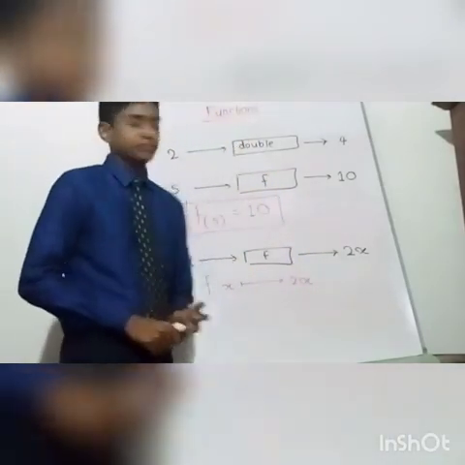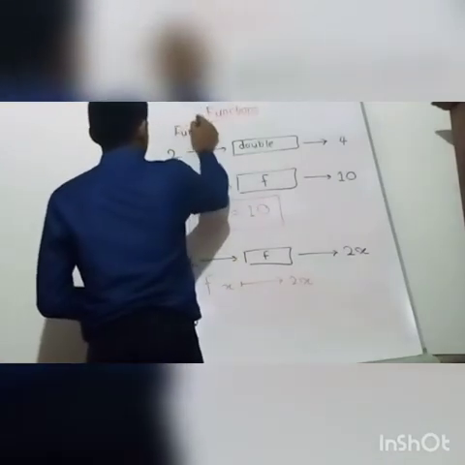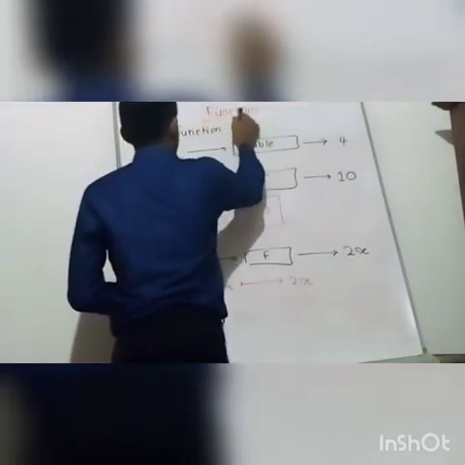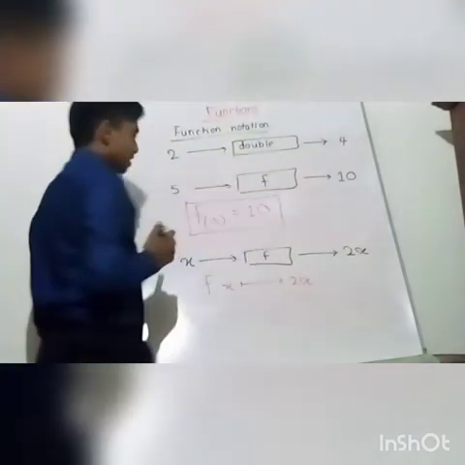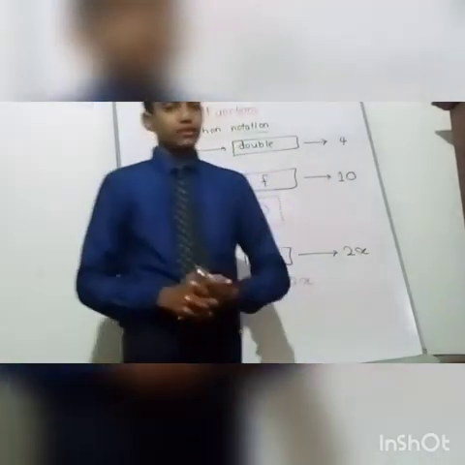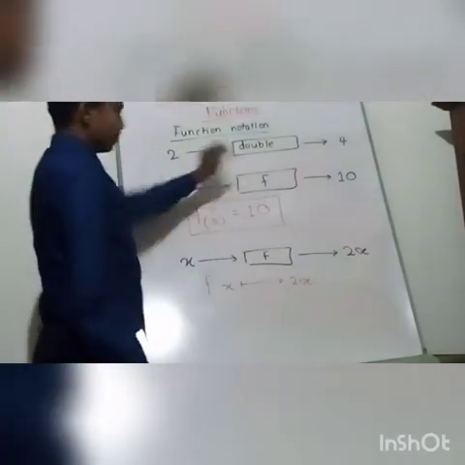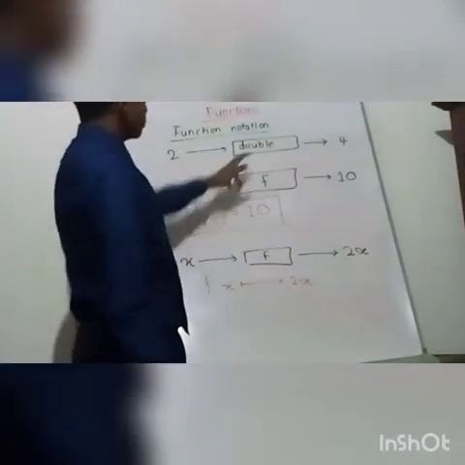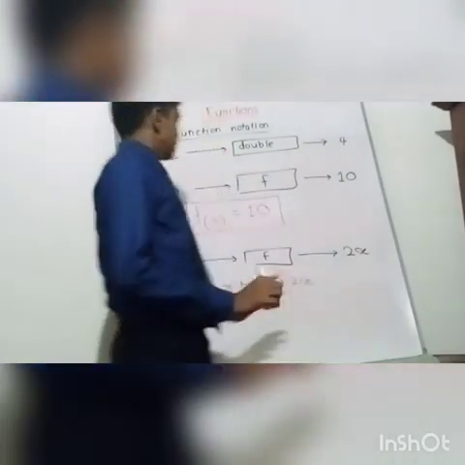Our second subtopic, function notation. If you understand this topic, you can go forward in this lesson. So now you know, if I put 2 into a function machine which has the rule to double it, I will get 4.